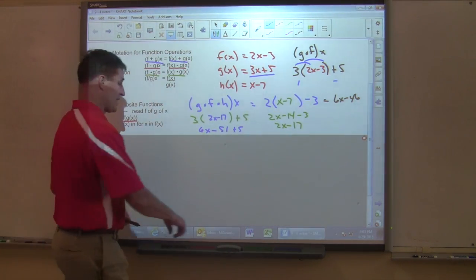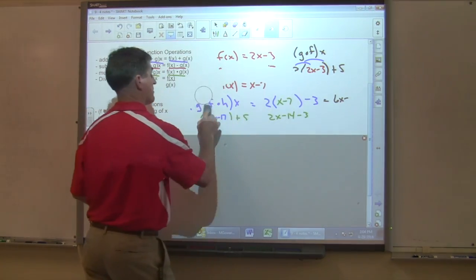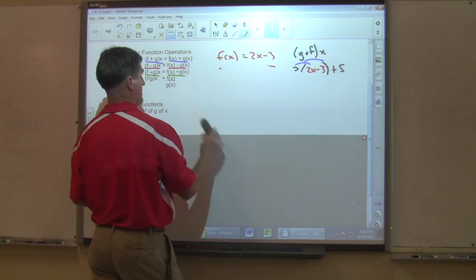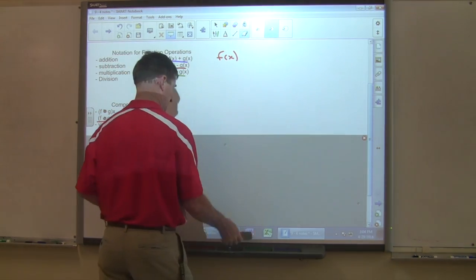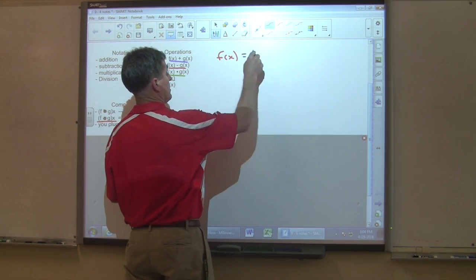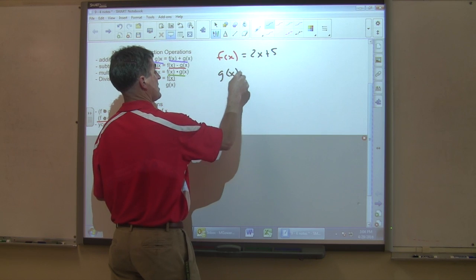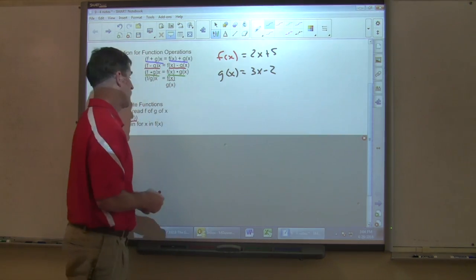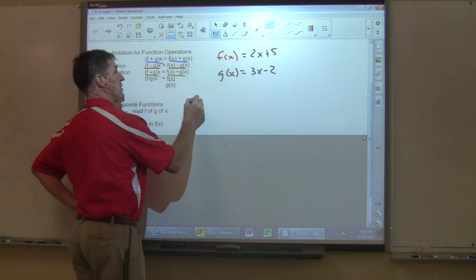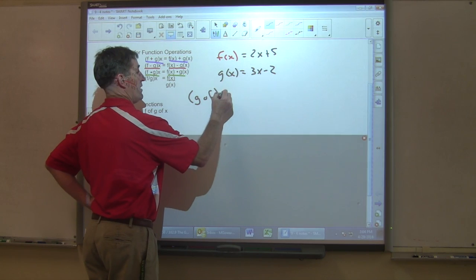The only other thing they're going to ask you to do is a different expression. Let's do f of x equals 2x plus 5 and g of x equals 3x minus 2. Okay? And let's do g of f of negative 3.